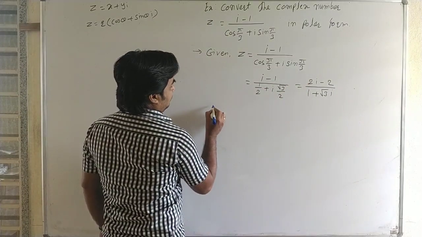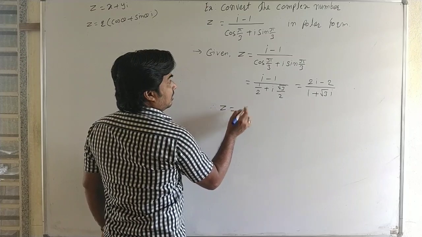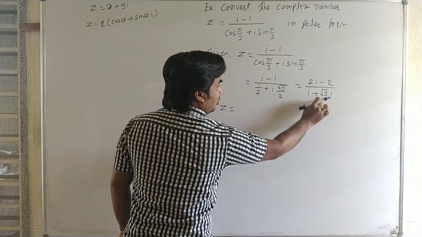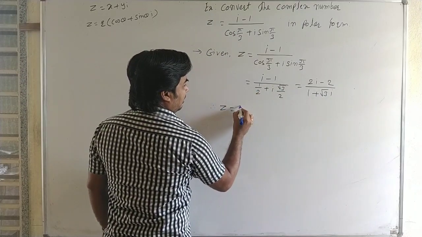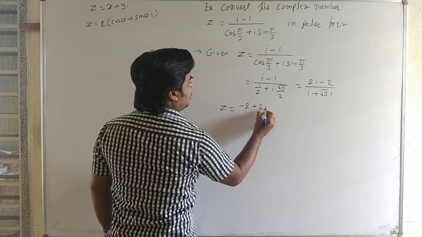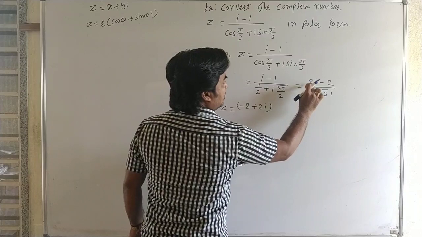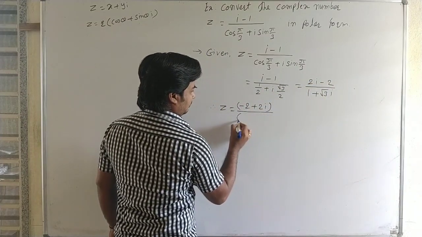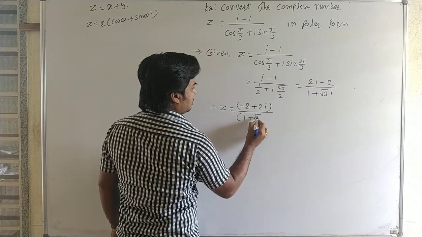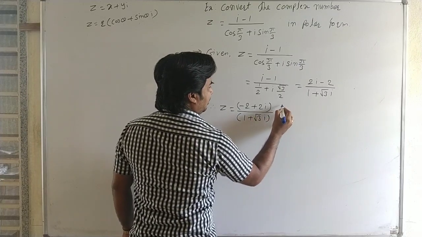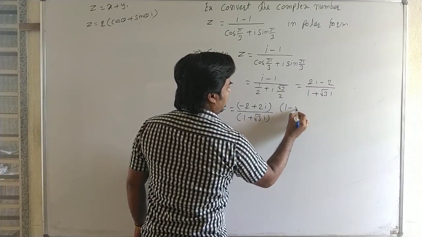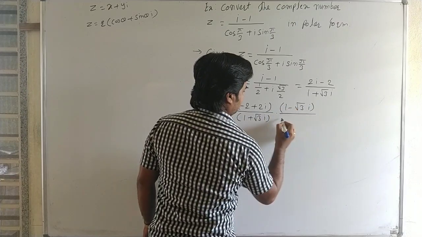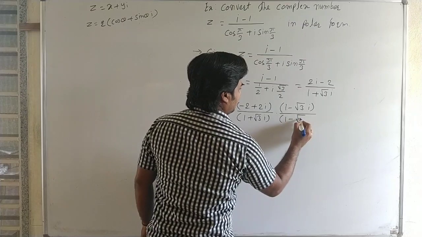To find the division of the two numbers, multiply numerator and denominator by the conjugate of the denominator. Therefore it is minus 2 plus 2i upon 1 plus under root 3i into 1 minus under root 3i upon 1 minus under root 3i.